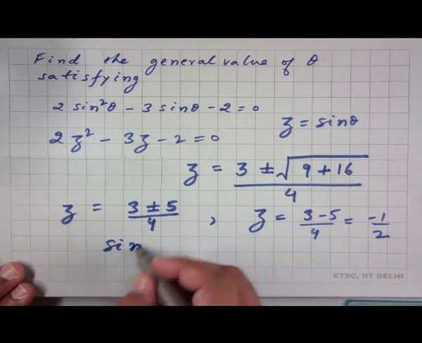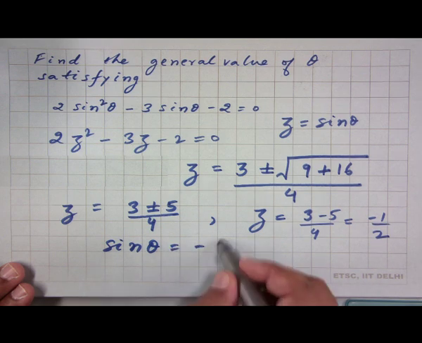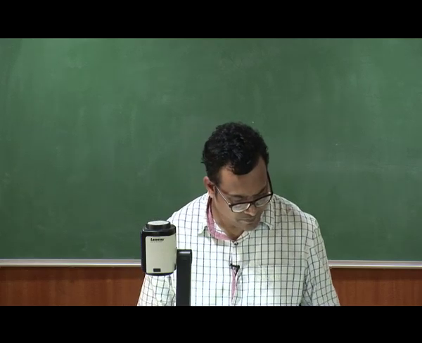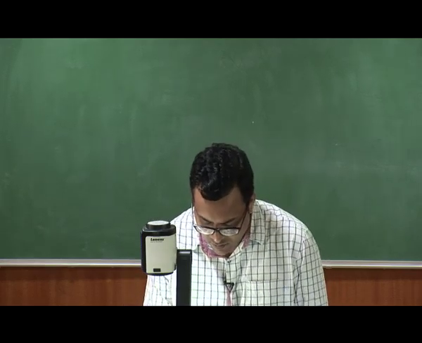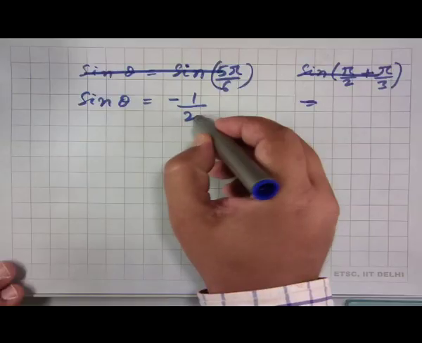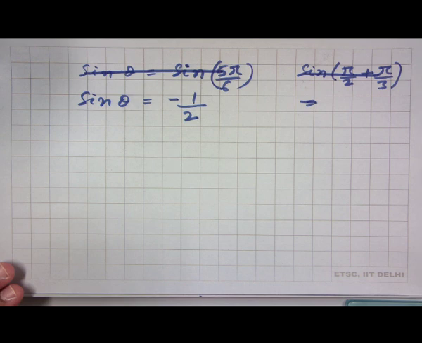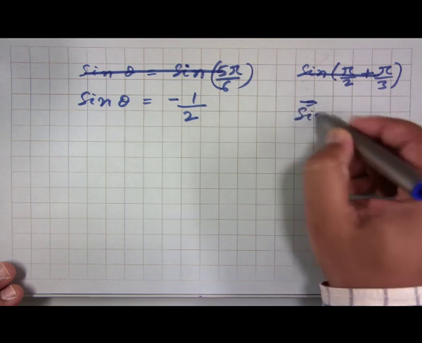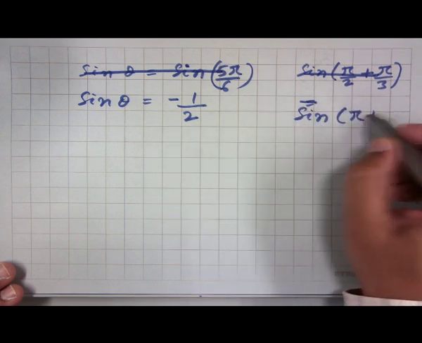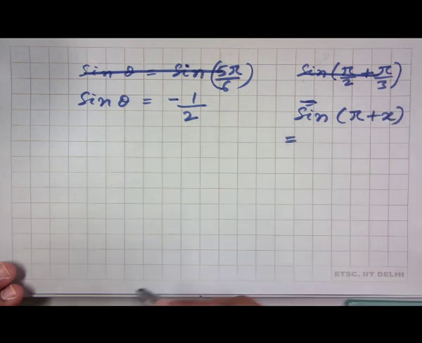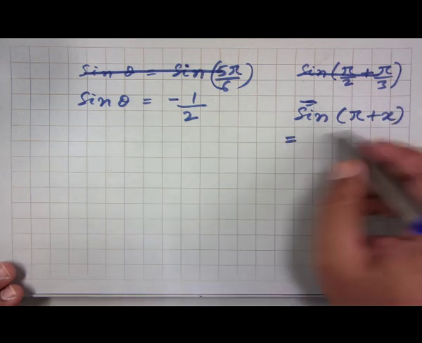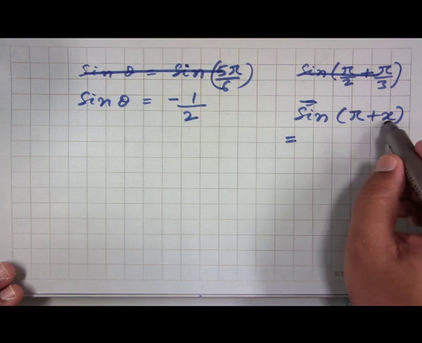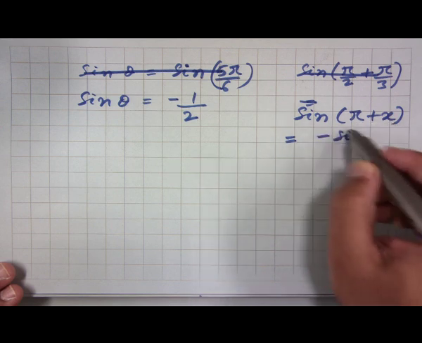So essentially the solution to this trigonometric equation is the solution to sin theta equal to minus half. We know the identity that sine of pi plus x is equal to sin a cos b, which will be 0, plus cos a sin b, so it will be minus of sin x.